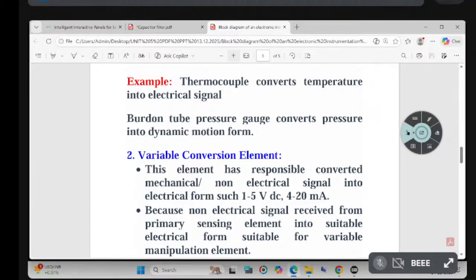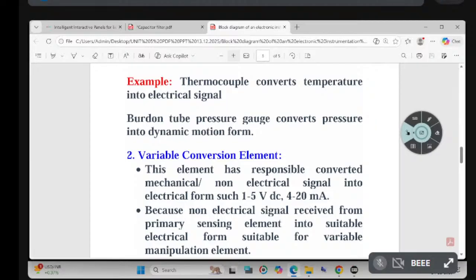The signal is not electrical; it is a mechanical or non-electrical signal. For example, temperature is not electrical, and pressure is not electrical; pressure, temperature, everything is mechanical. So the signal can be converted to electrical. Temperature, pressure, speed can be converted to electrical.